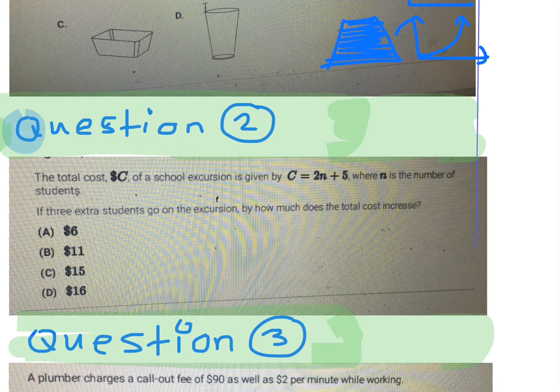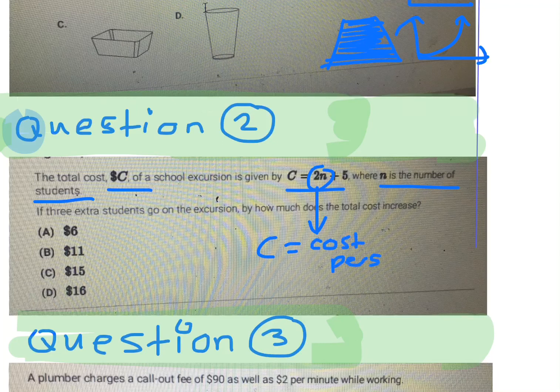All right, now you can use linear relationships as a model for cost. Now, N is the number of students, and the 2 in front of there would be the cost per student. So that's like your rate.